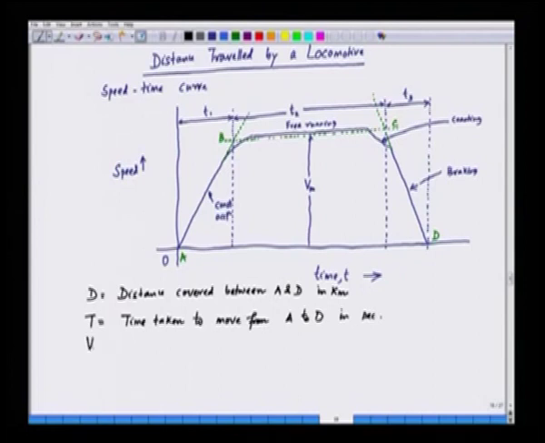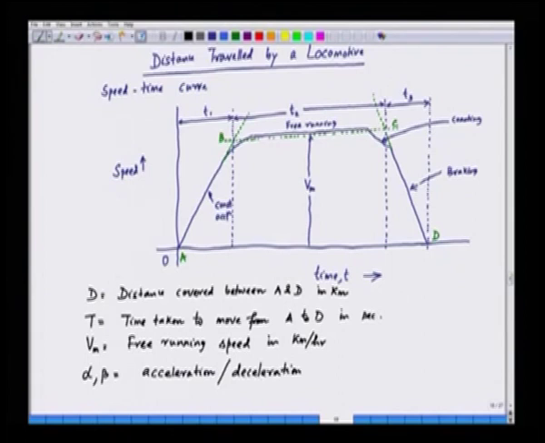And then we have Vm, the free running speed in kilometer per hour, and alpha and beta are acceleration or deceleration in kilometer per hour per second.